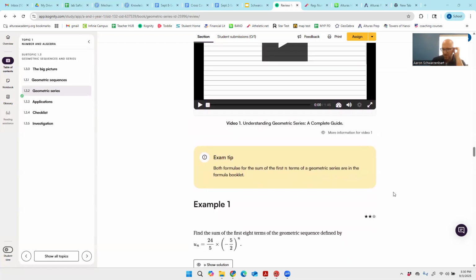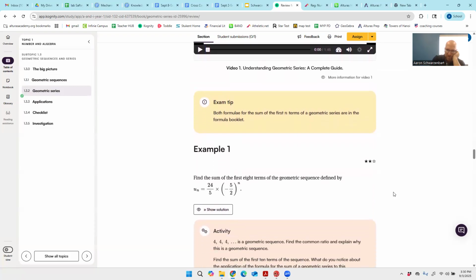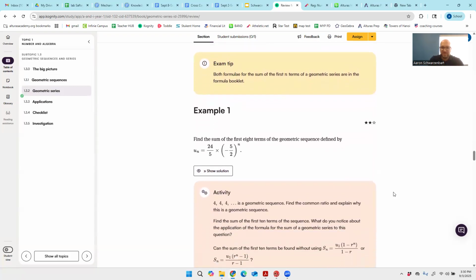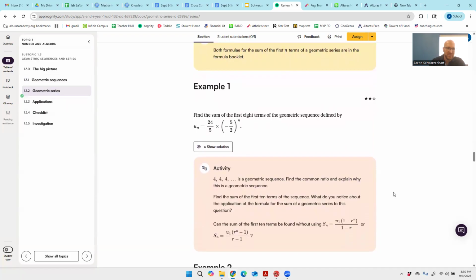Both the formulas for the geometric sum for the first n terms are in the formula book. There's a couple of different formulas, and one is really a simplified version of the other.